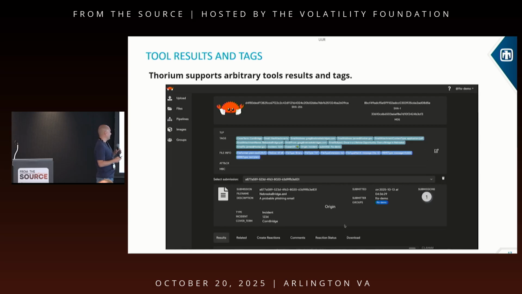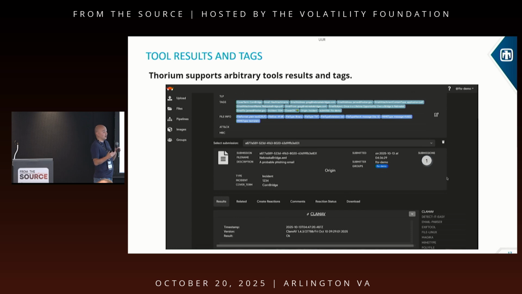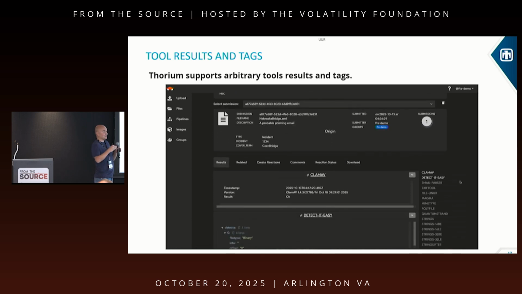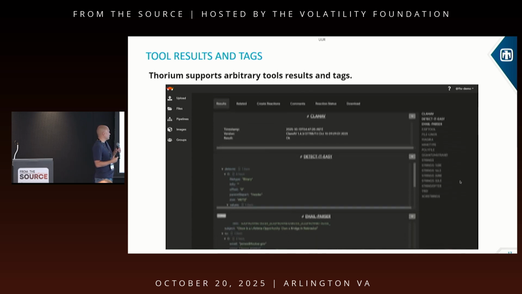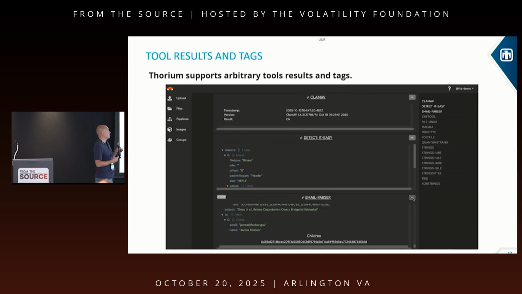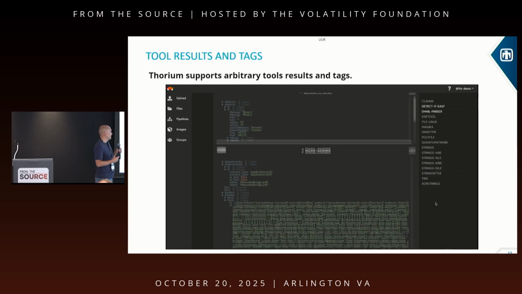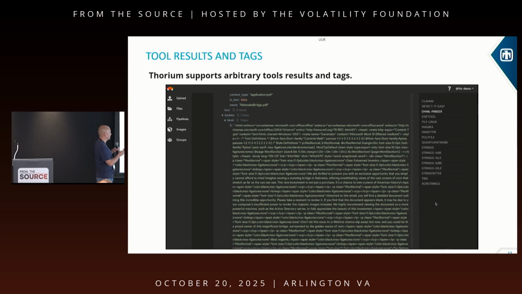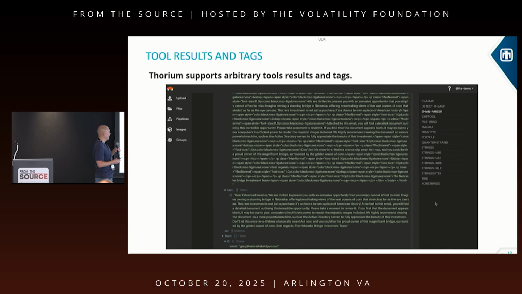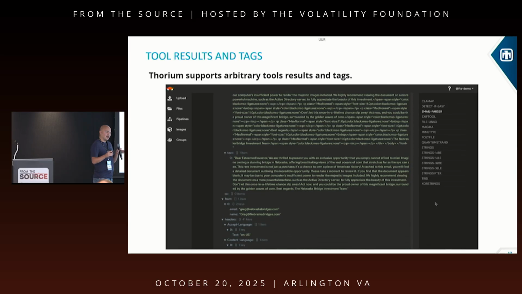So now we have a bunch of tags. You can click on any of them and it will jump to all of the data with that tag. And we're just going to scroll through some of the tool results that we got. So this is the email body, somewhat ugly.